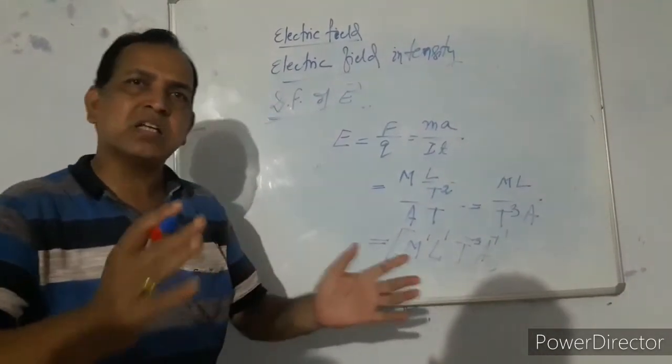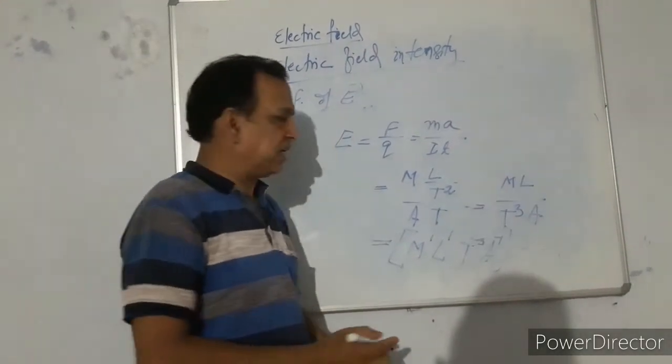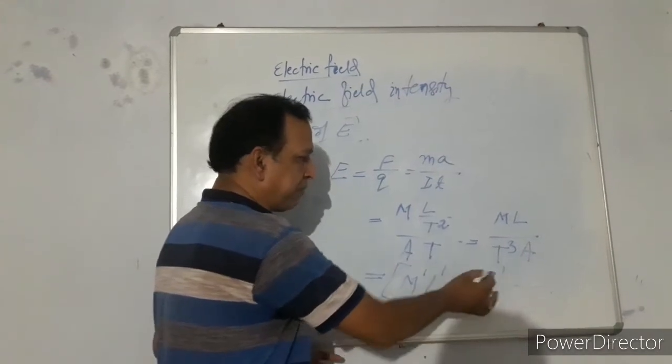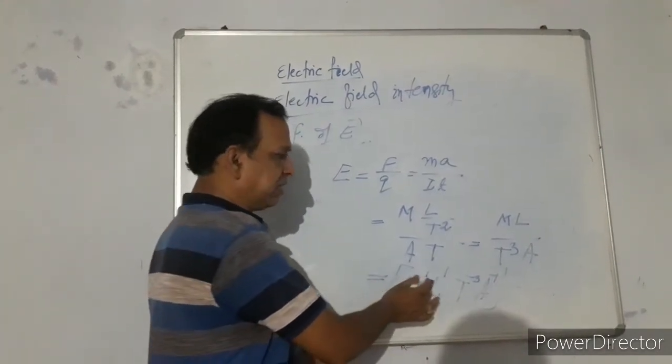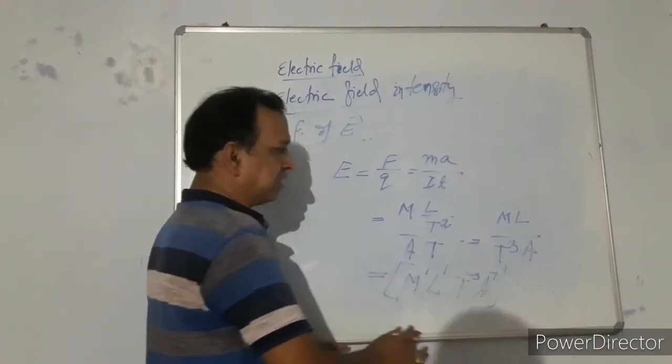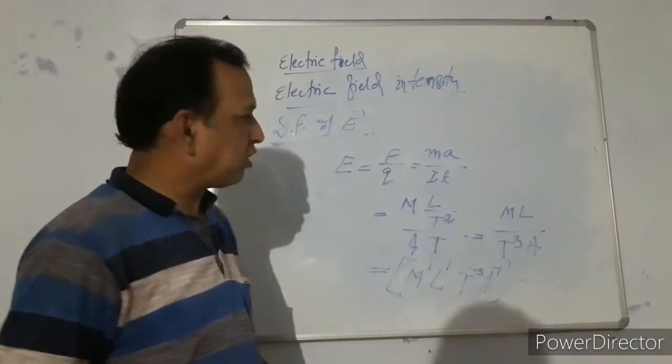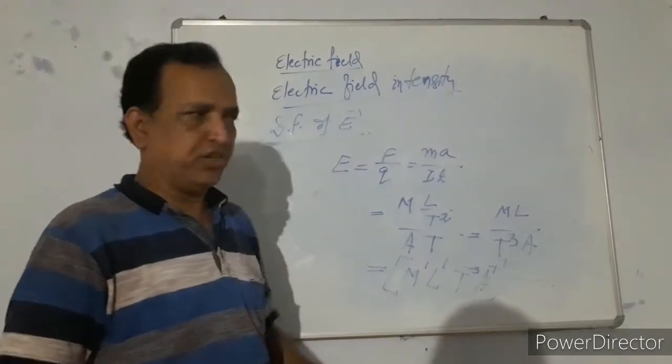The dimensions are 1, 1, minus 3, minus 1 for mass, length, time, current respectively in case of intensity. That is all about the dimension formula of the intensity.